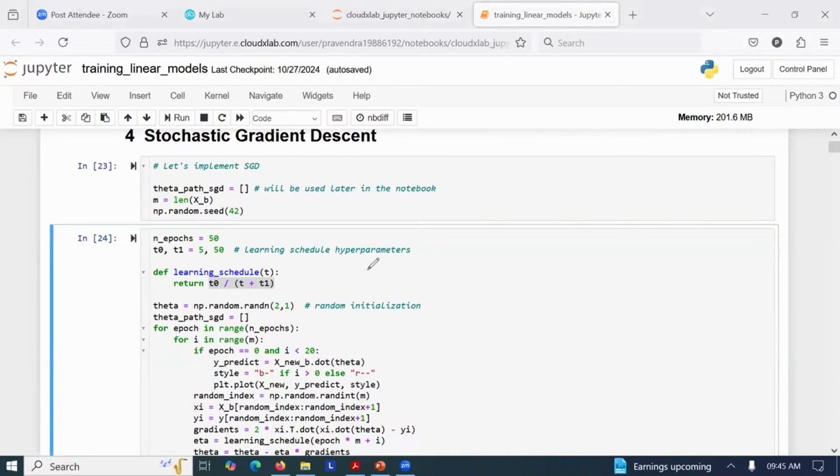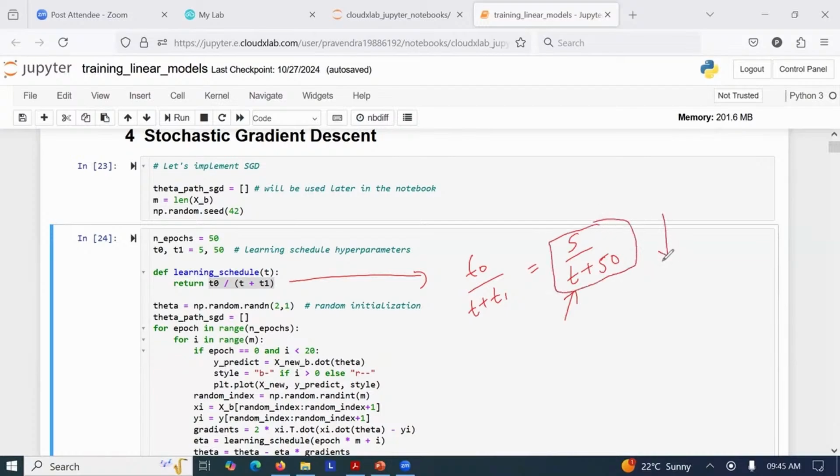Yes, because here you are returning T0 divided by T plus T1, right? So T0 is 5, divided by T plus T1, which is 50. If you increase the t value, 5 divided by T plus 50 will decrease.